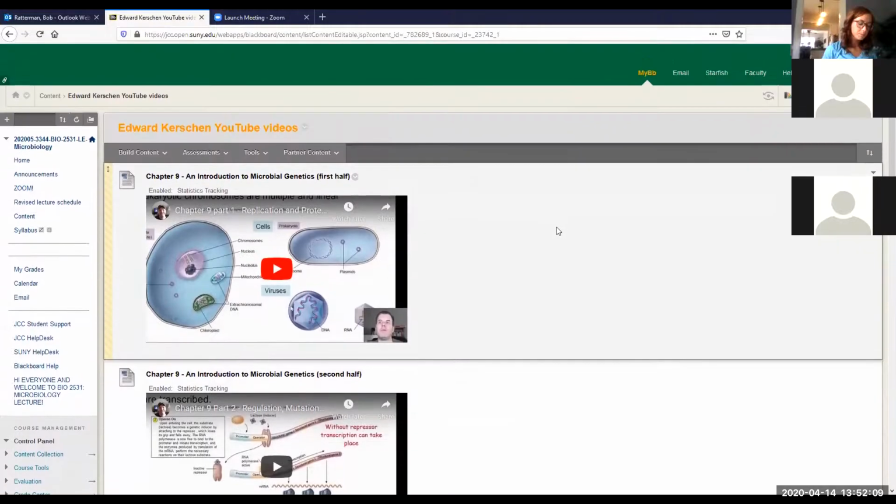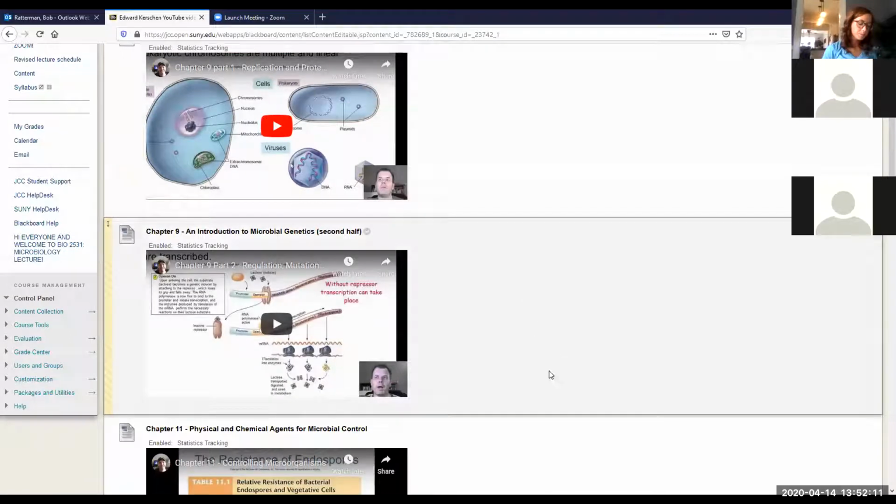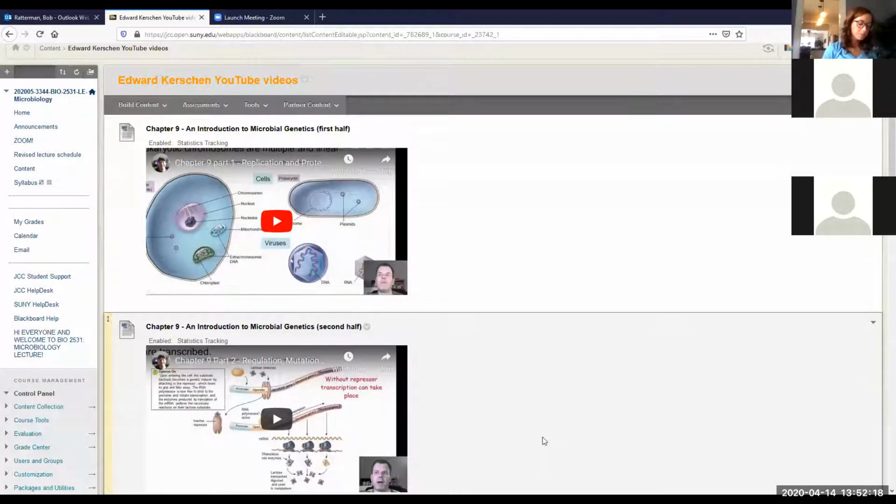What that allows me to do in a very sneaky sort of way, and I shouldn't tell you this, but I'm going to, I can see who goes in and looks at those and who doesn't. Now, I'm not saying anything other than that, but you should be looking at these. Now, if you find that you can read the chapter and extract the information and follow my PowerPoint, and you do fine, then that's fine too.